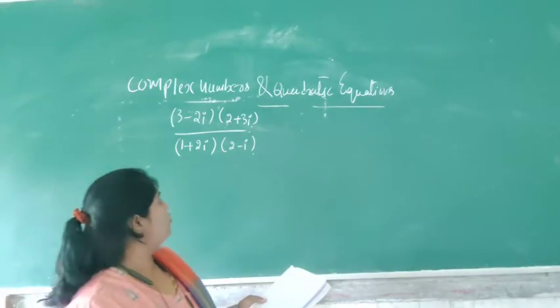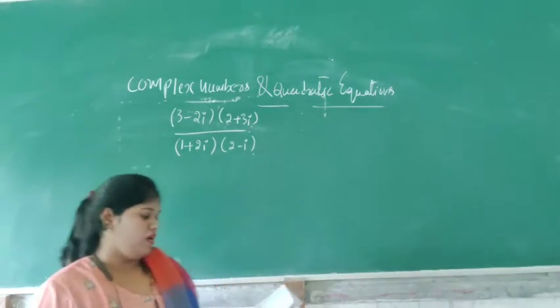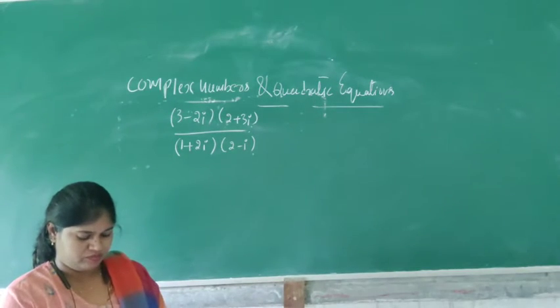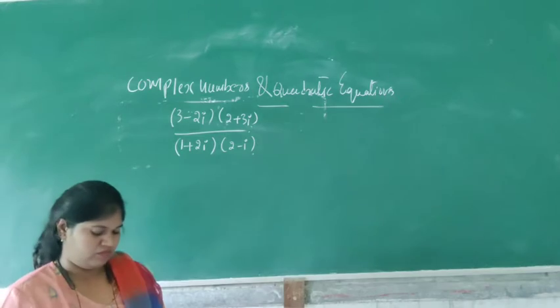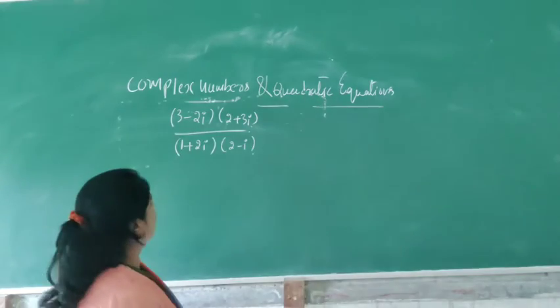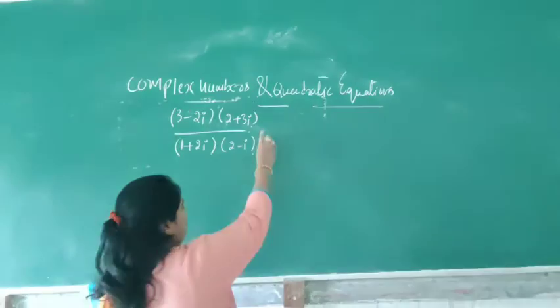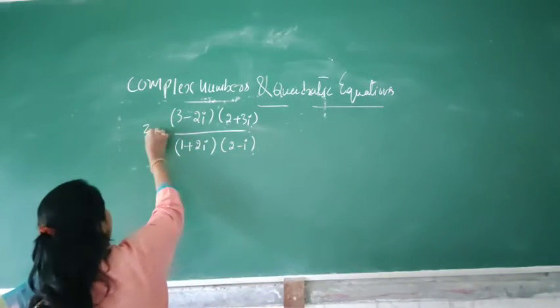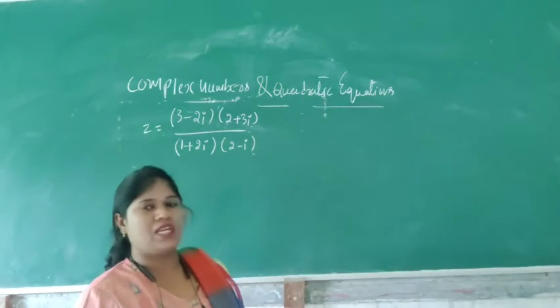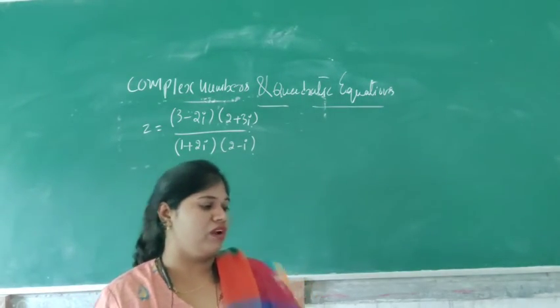So 3 minus 2i, 2 plus 3i, 1 plus 2i, 2 minus i. We have to find out the conjugate. This is also important. It came in the examination already.